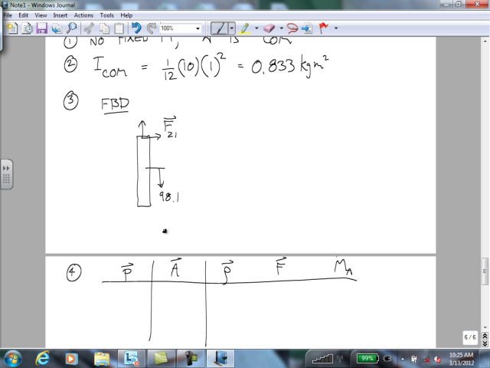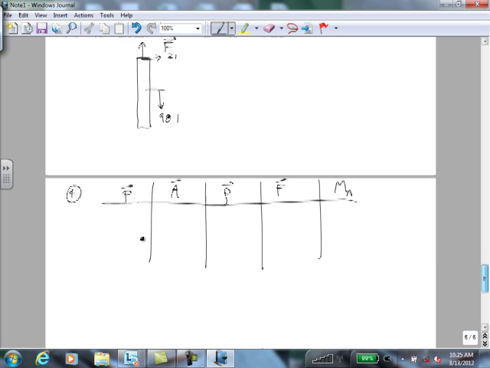So first, let's deal with that gravity force. If we use that same coordinate system, what's the location of the weight force? Yep, 0, negative 1.5. What are the coordinates of the about point?